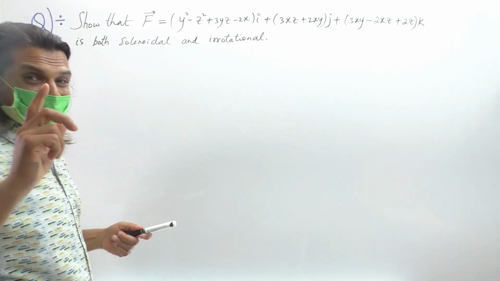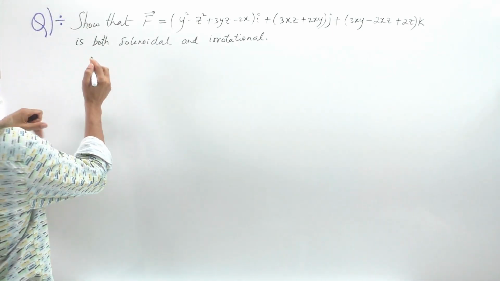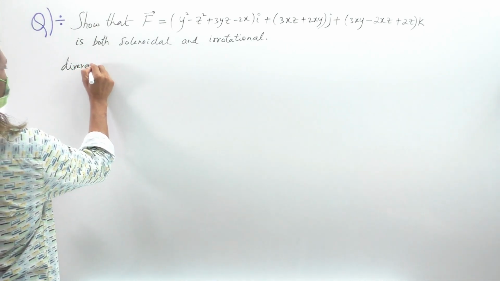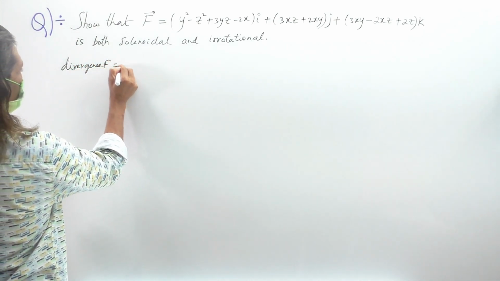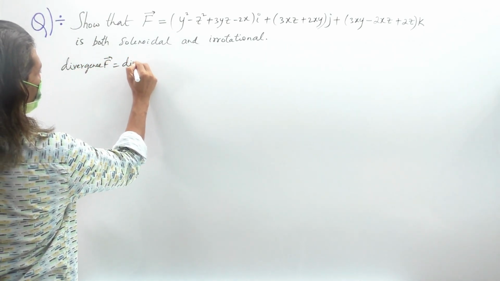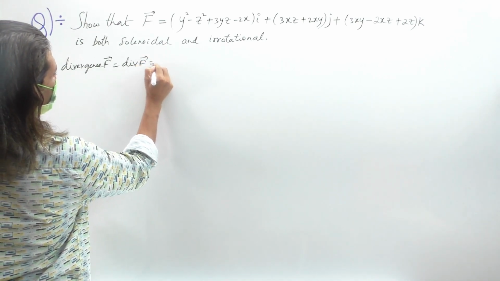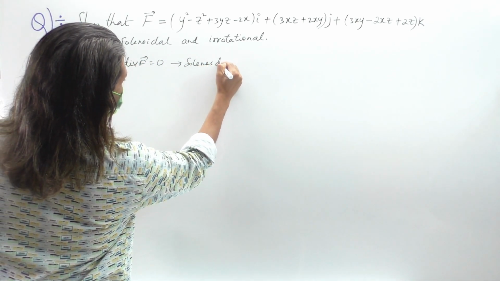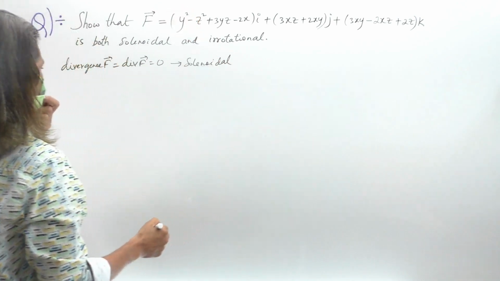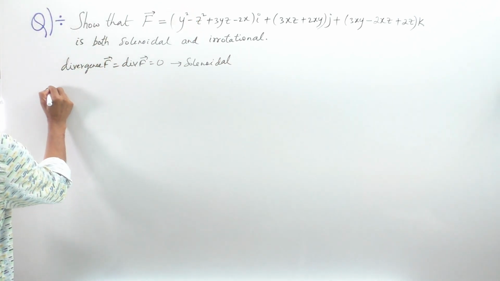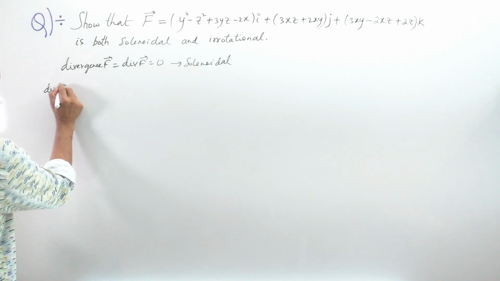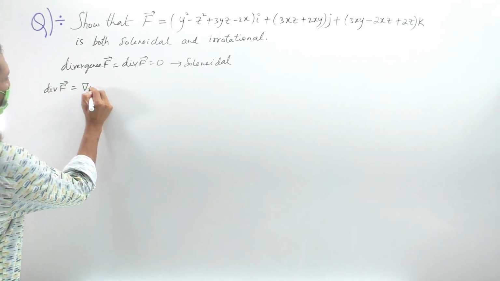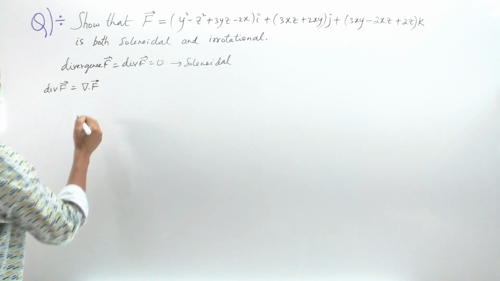As I discussed, if divergence of f is equal to 0, we call it solenoidal. Divergence of f vector is nothing but del dot f.